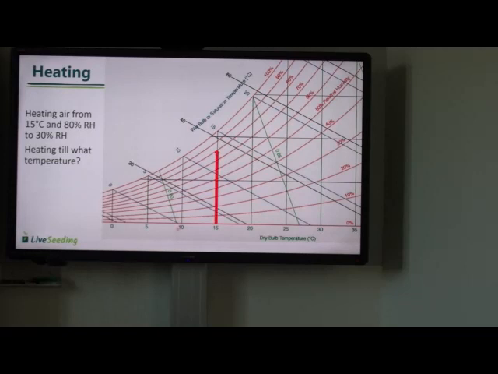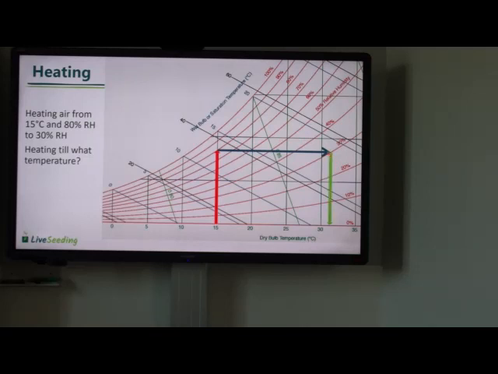Okay, we start at 15 degrees and 80% relative humidity. You see the red line is the 80%, and we start at 15. There is the point. We start with the outside air, and then we want to go to the 30% relative humidity line.